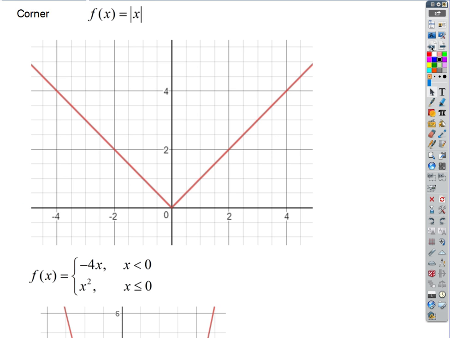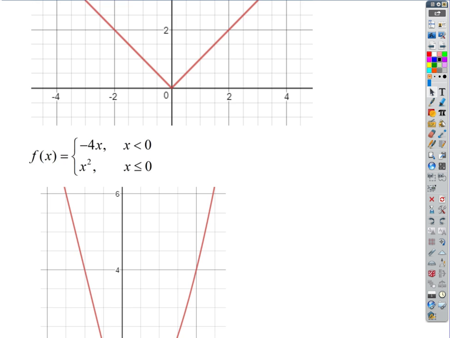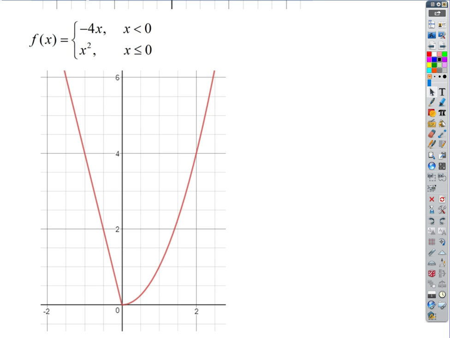So here was the example we looked at for an absolute value function. That's a corner, right? We could do another one. I just invented a piecewise function that has a corner. At 0, the behavior of the function is negative 4x to the left of 0, and x squared when x is greater than or equal to 0.